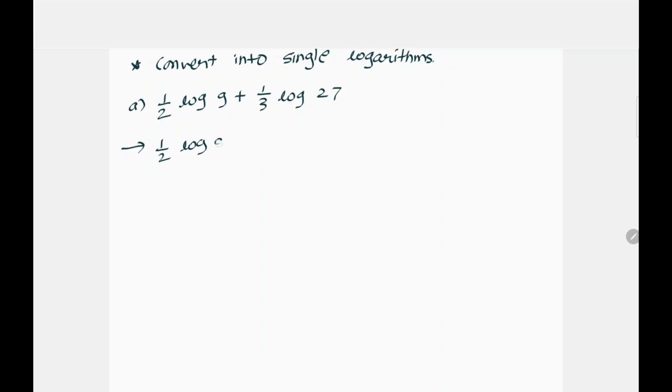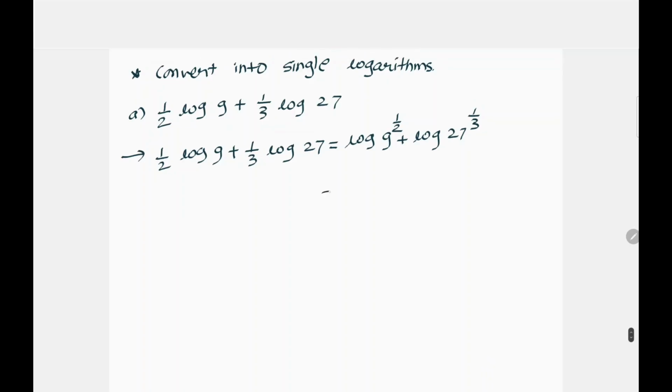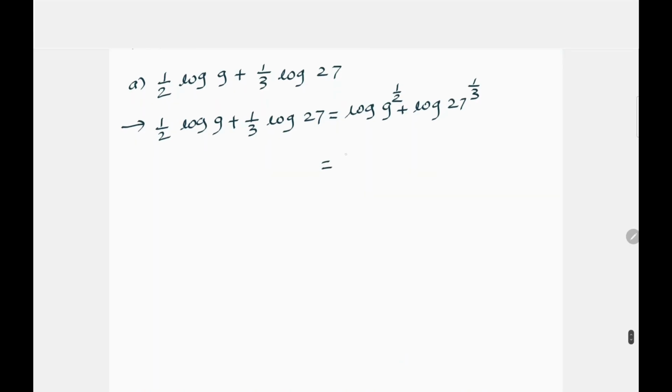So half log 9 plus 1/3 log 27 is nothing but log 9 raised to half plus log 27 raised to 1/3. Here we used the power law. So log 9 raised to half means square root of 9, that is 3. So log 3 plus 27 raised to 1/3 means cube root of 27. Cube root of 27 is 3. So log 3 plus log 3.